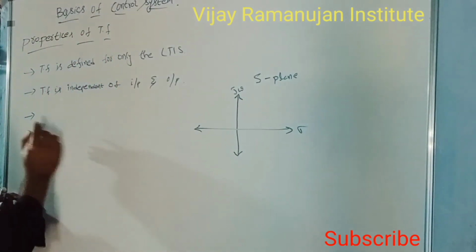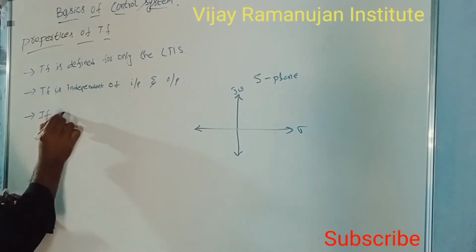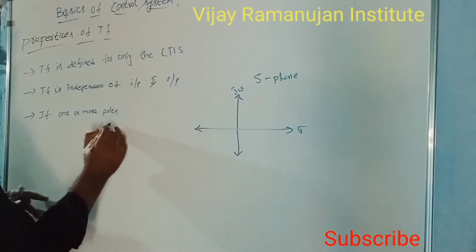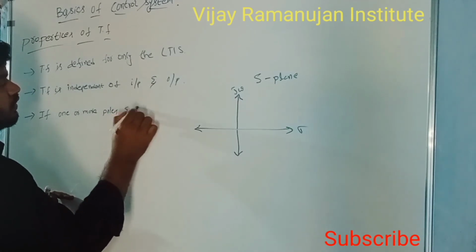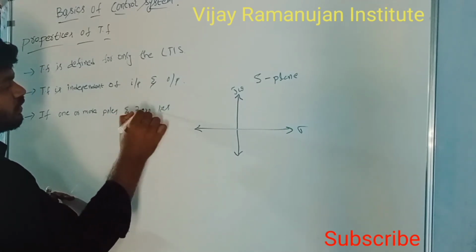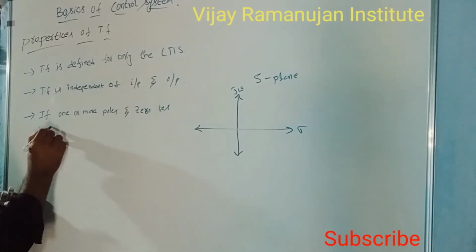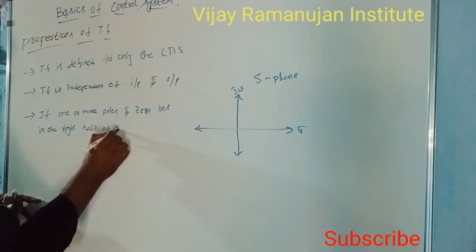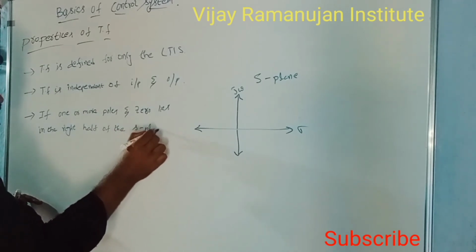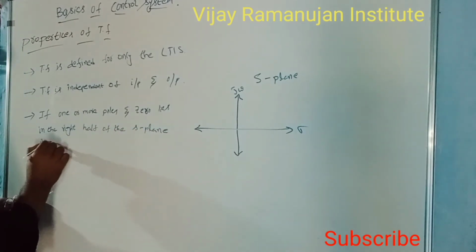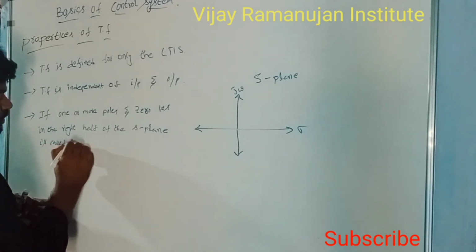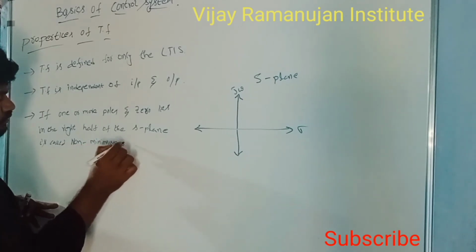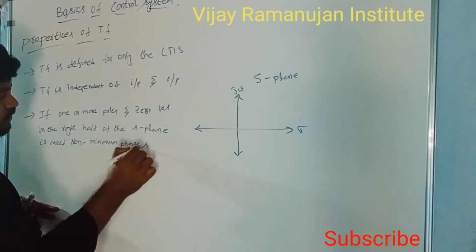If one or more poles and zeros lie in the right half of the S-plane, it is called a non-minimum phase system.